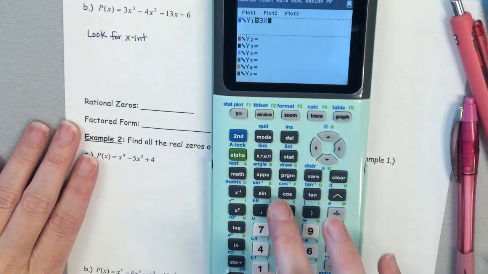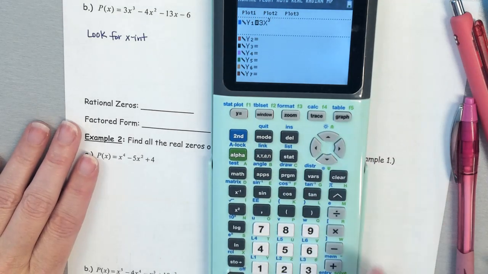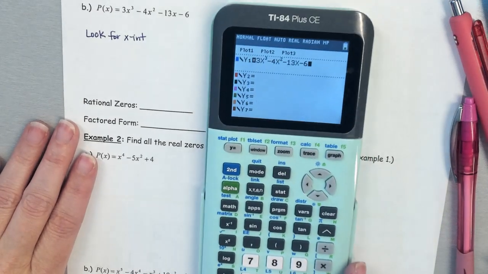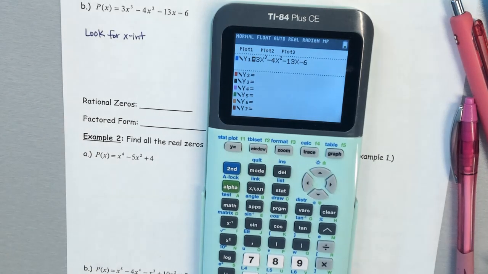Okay, so we have 3x to the third minus 4x squared minus 13x minus 6. Okay, so this time I want you to go ahead and graph, and I want you to write down the x-intercepts that you see, okay?